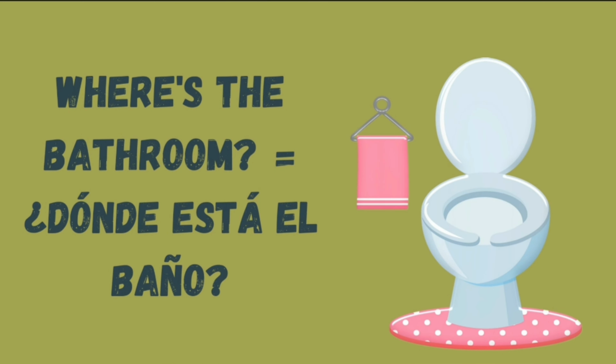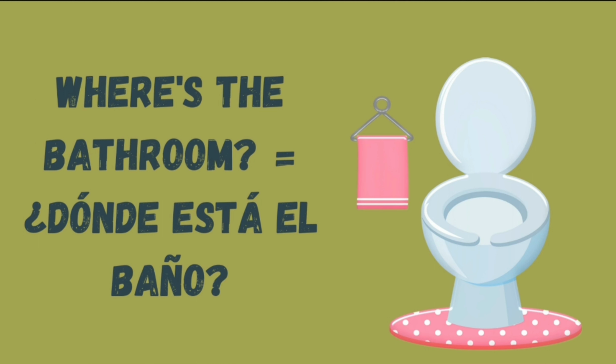And now when we're about to go to a restaurant or we're in the house of someone else, we can ask that person if we don't know where the bathroom is. We can ask, where's the bathroom? In Spanish, we're going to say, ¿Dónde está el baño?